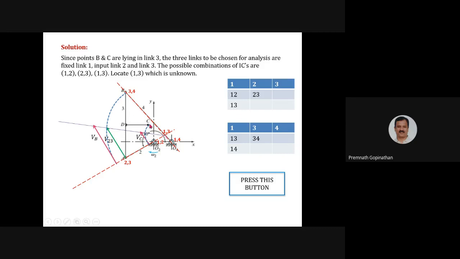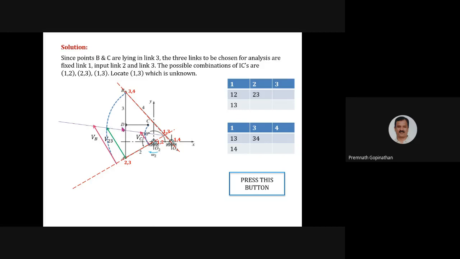You consider the line of centers passing through the fixed point of that link, transfer the point onto the line of centers, and from there draw the vector perpendicular to the line of centers, so that it touches the tip of the locus of the velocity vectors, and the magnitude is obtained in that manner, right?